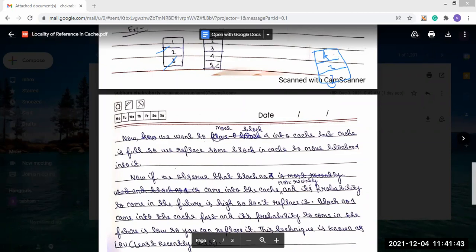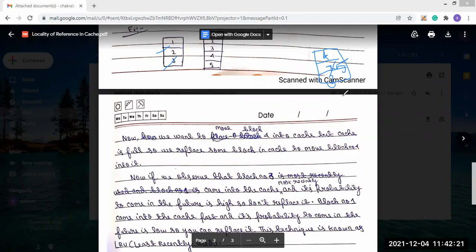Now where will this fifth block be accommodated? Among these 3 blocks, 4, 2 and 3, which came earliest? If we compare these 3 blocks, 4, 2 and 3, among them 2 came very far in the past. So the fifth block we will accommodate in this position.